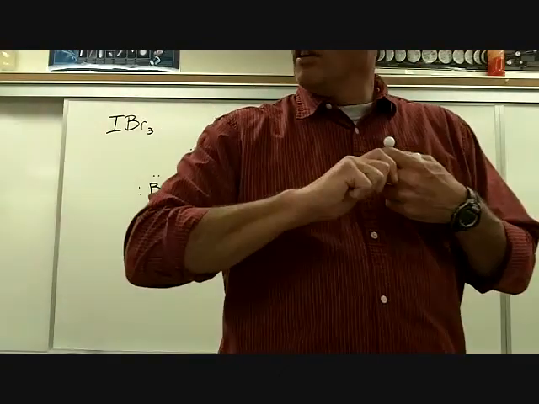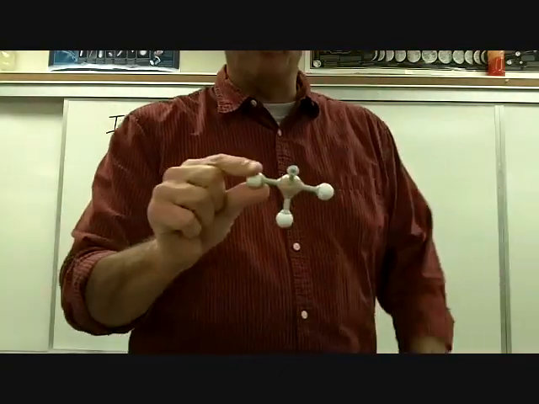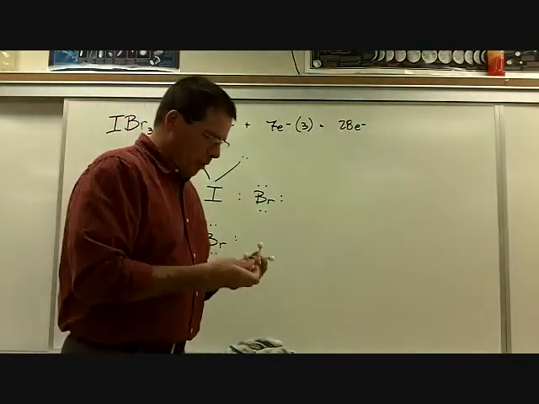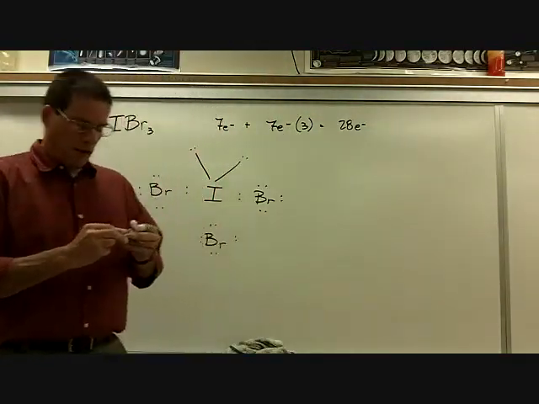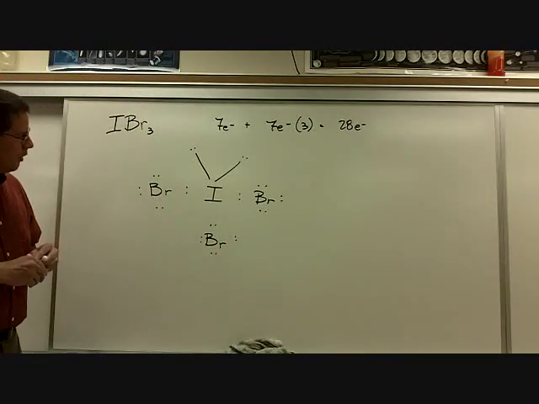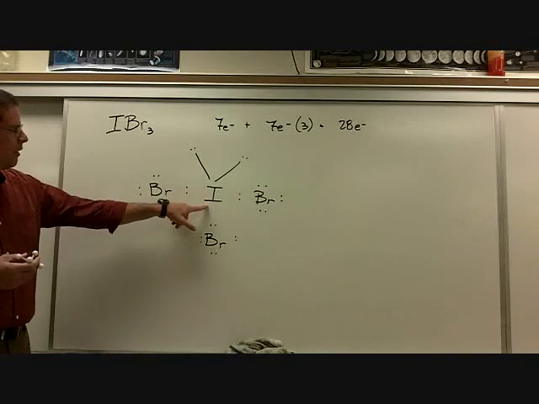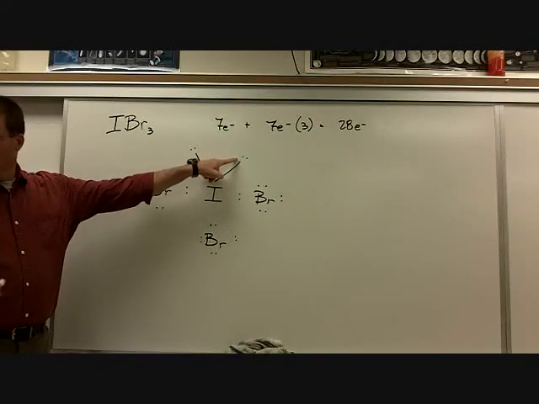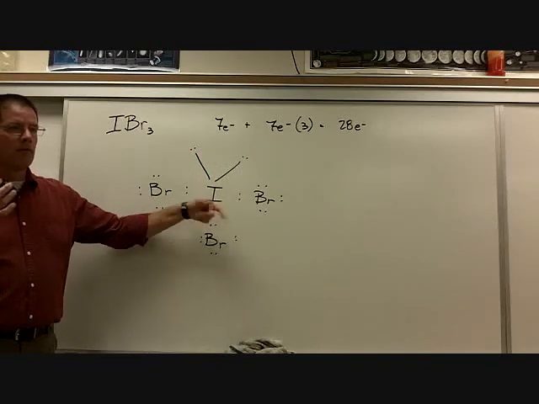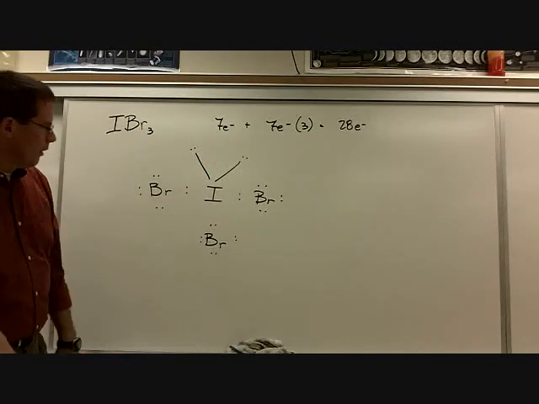However, since we have 2 lone pairs, we have a T-shaped planar. All right, let's double check and make sure our formal charges are correct. How many lone pairs, or I'm sorry, how many lone electrons on iodine? 4 plus 1 half shared, 3. So it's good. So much easier.